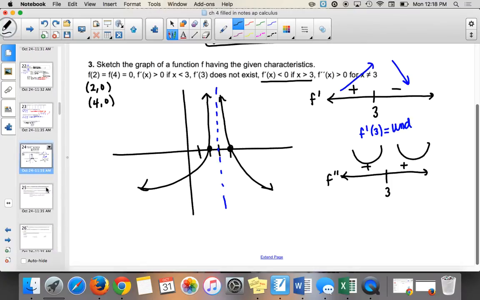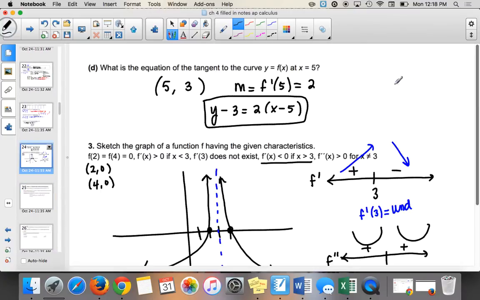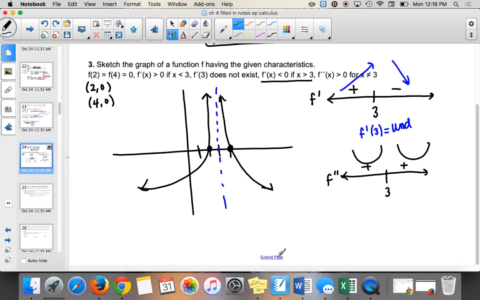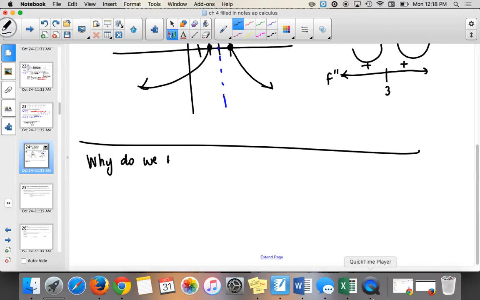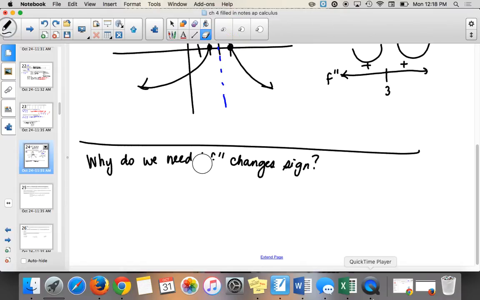All right, and then the last thing I'm going to talk about is the weird thing with the second derivative. So why do we always say f double prime changes sign? It's kind of weird.